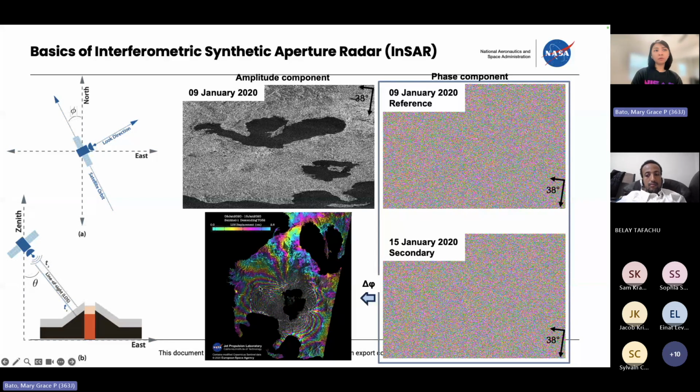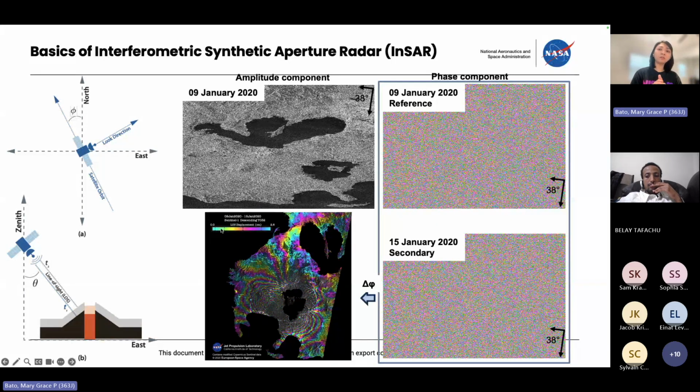So if you count all the fringes, that's the maximum amount of ground deformation that you get, especially in the near field. But with radar, it saturates a lot because it can only give you up to 2.8 centimeters of ground measurement.